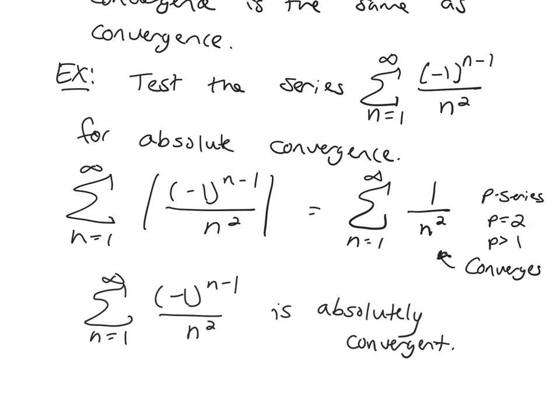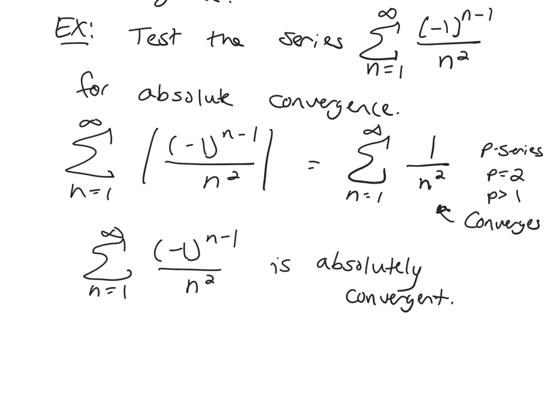Can you explain the numerator one more time? Because it's like 1 minus 1 plus 1. So I start plugging in values for the numerator. What do I get when I plug in n equals 1? I get (-1) to the 0, which is 1. What about if I plug in n equals 2? Minus 1.